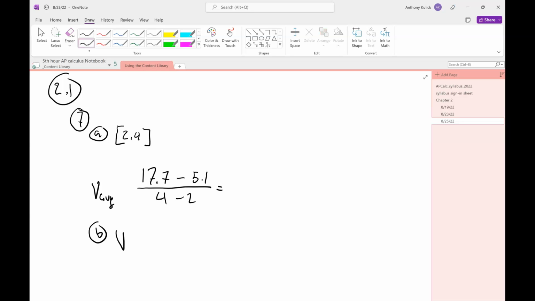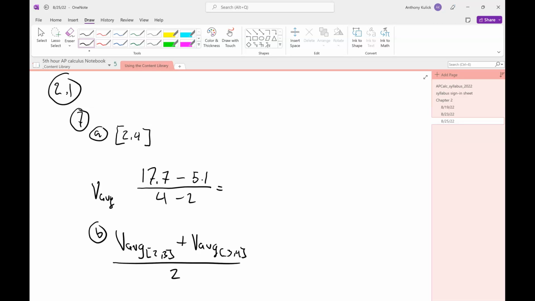So I would assume we're supposed to take the average velocity from 2 to 3 and then the average velocity from 3 to 4, and then take the average of those 2 numbers. That will give us a pretty decent estimate for the instantaneous slope at 3. That'll probably be pretty close to the slope.